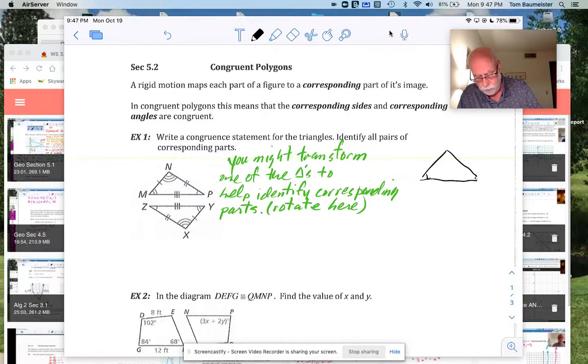So I'm going to keep this one here as M, N, and P. And then they have one side here, 2 tick marks here, and 3 here. Now I'm going to rotate the bottom one. So if I rotate the bottom one, again, just draw a triangle. That looks the same. Doesn't have to be perfect.